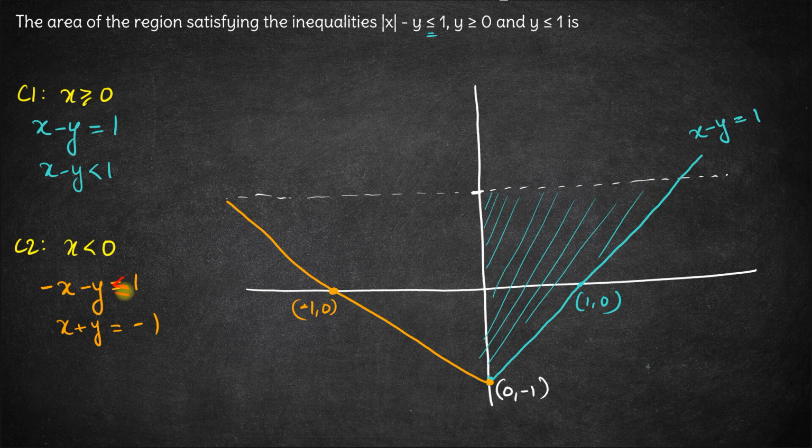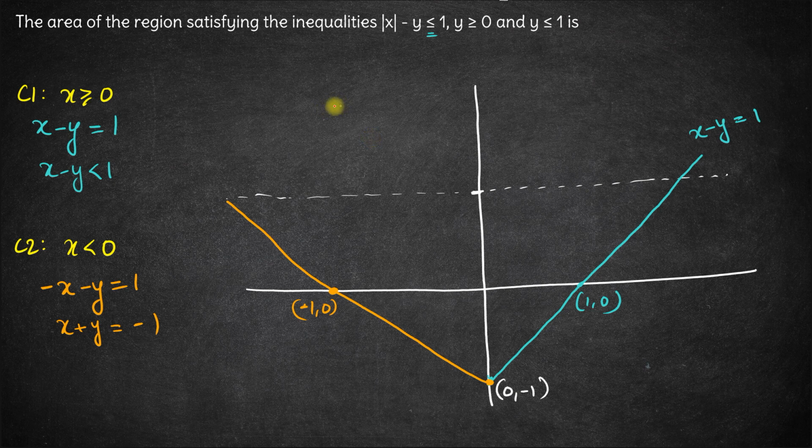This is what we had, right? So that means x plus y should be greater than or equal to minus 1. Now x plus y greater than or equal to minus 1 is basically the region to the right of this line. Okay? This is the region that we need to consider.